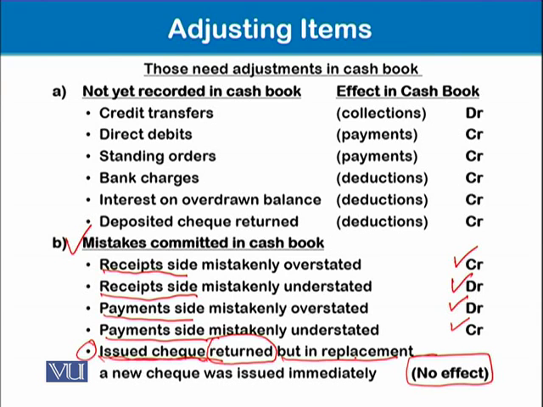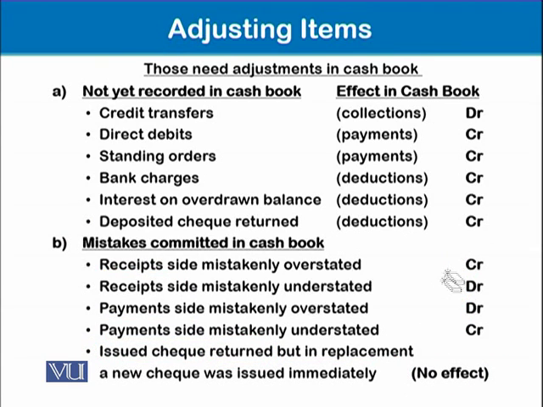So just once again, have a look at these reasons for which we make adjustments in the cash book. These include the reasons for which we did not make any entry in the cash book and the reasons behind which there is a mistake while preparing the cash book.